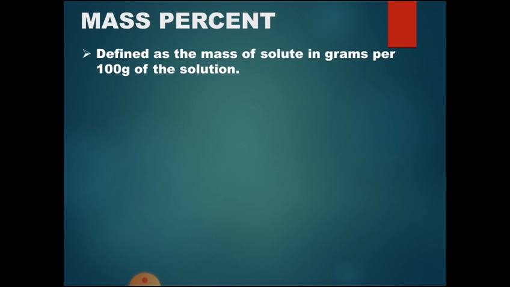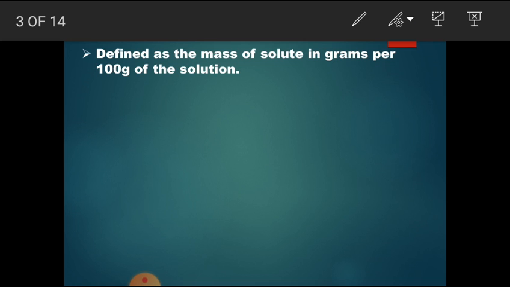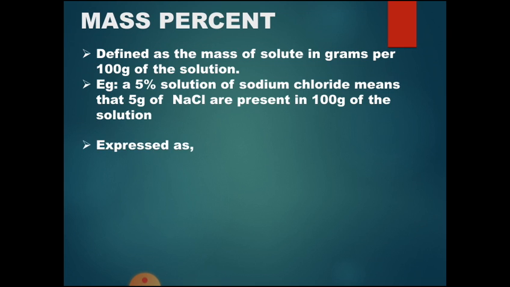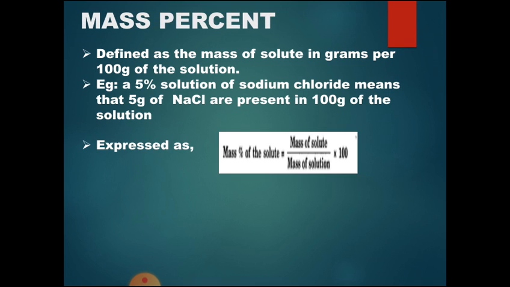If we are asked to write the expression for mass percent, how can we explain? We can write mass percent of solute is equal to mass of solute divided by mass of solution into 100.